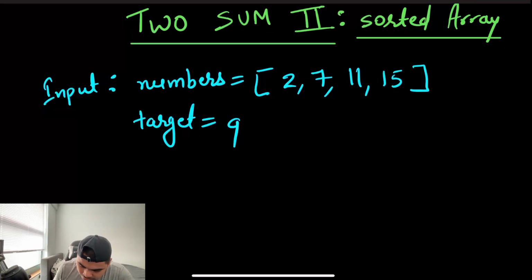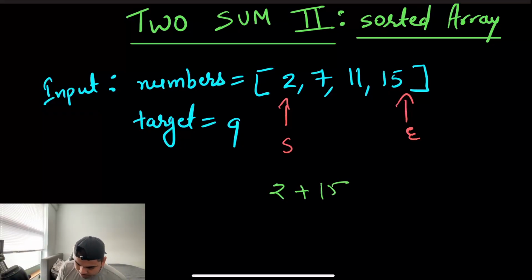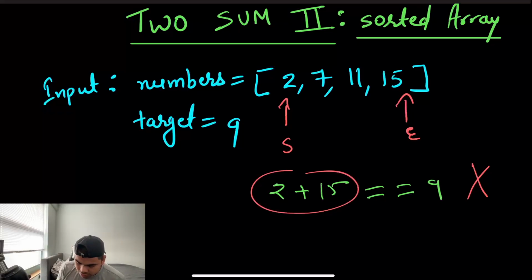Let's have two pointers, one is S and the other is E. Check if the value at S, 2, plus 15 equals 9. It's not. So we check whether the sum is greater than or smaller than 9.